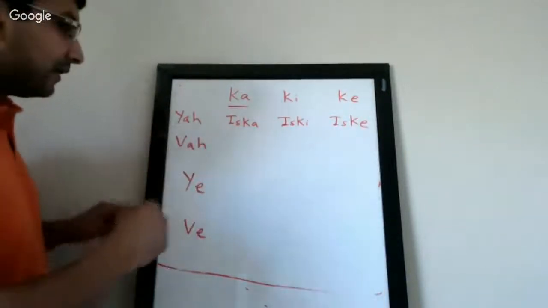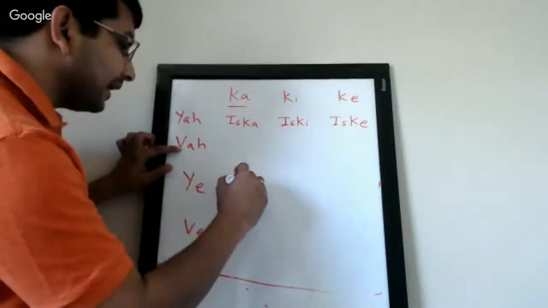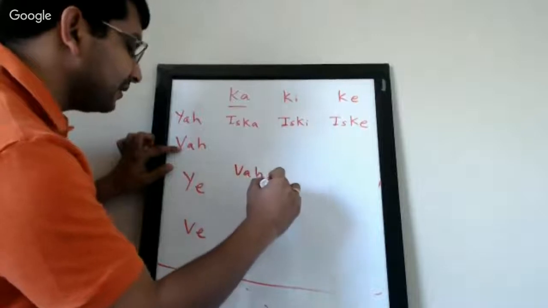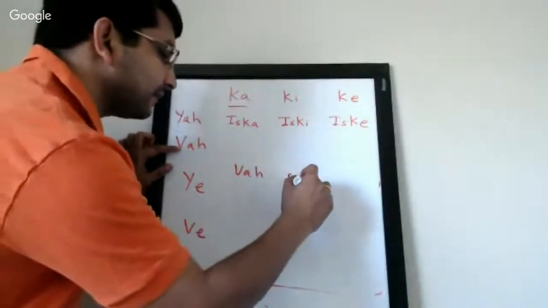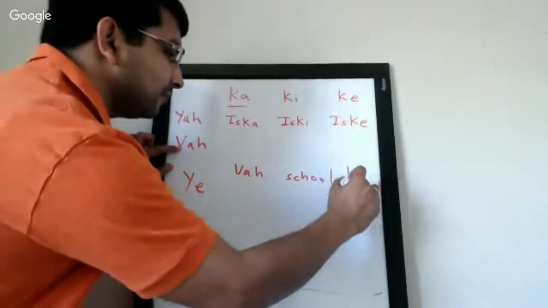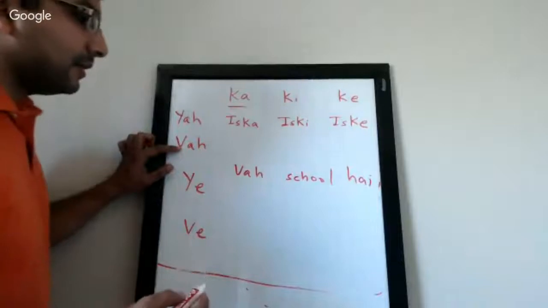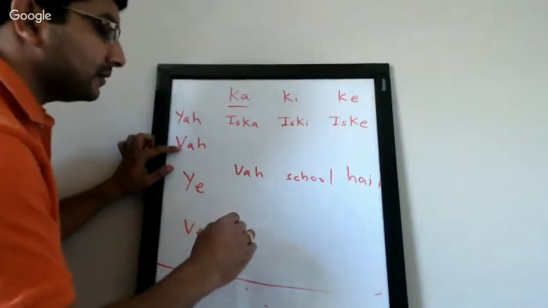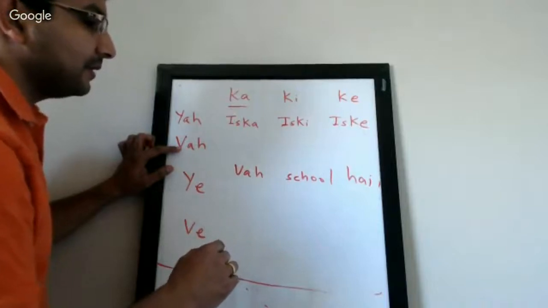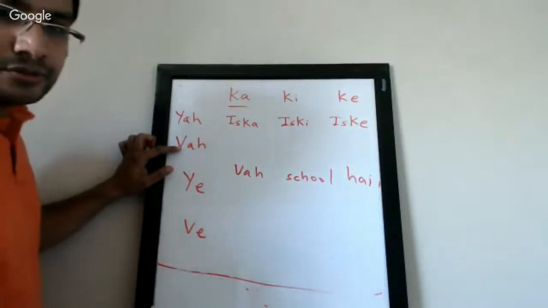So think about an object always, for example, वह, right? I can say वह school है, that is a school, right? And then I can say there are, let's say, 10 teachers in that school.